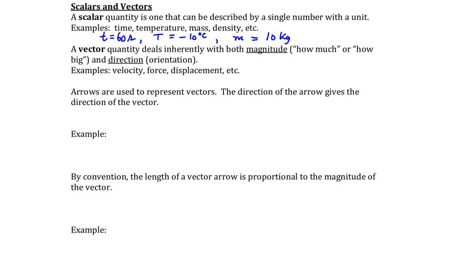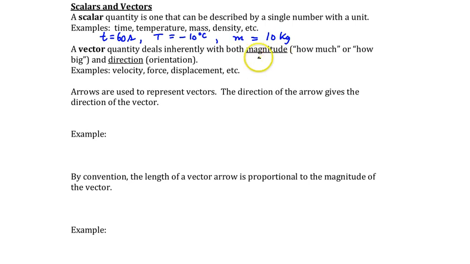But many other quantities have a directional quality that cannot be described by just a single number. For example, if you are driving down the road in a car, say at 60 kilometers per hour in the north direction, then you're not just specifying the number or how fast you're moving, but also you're telling me the direction.